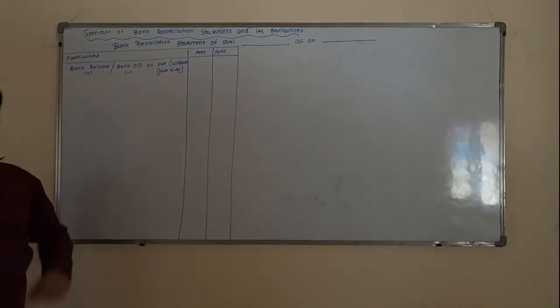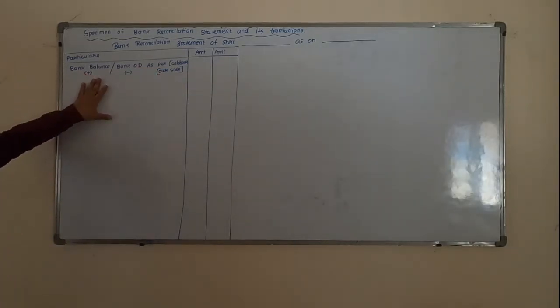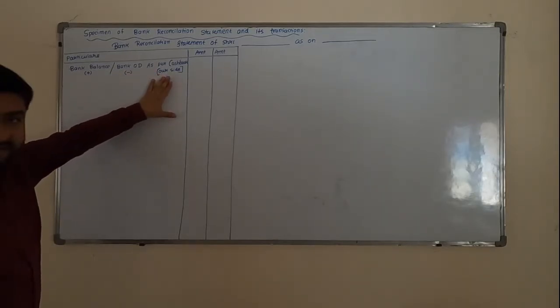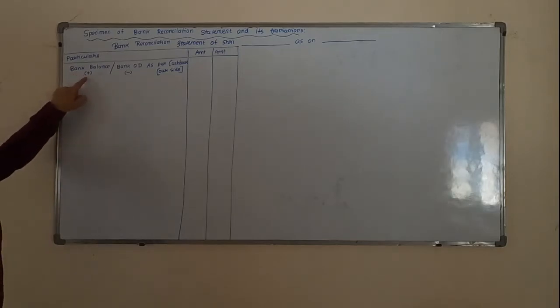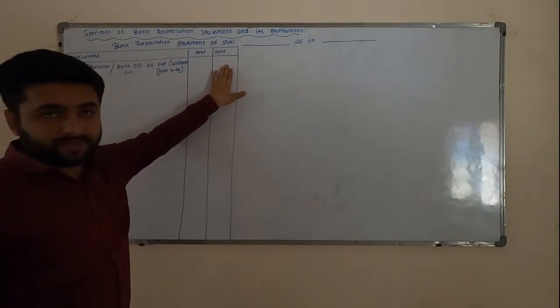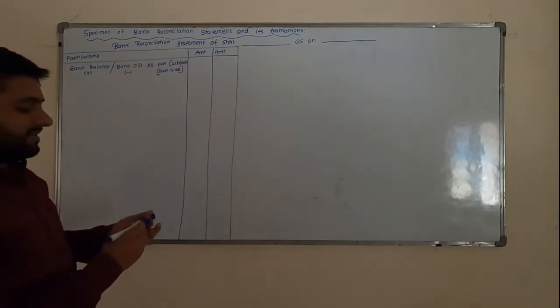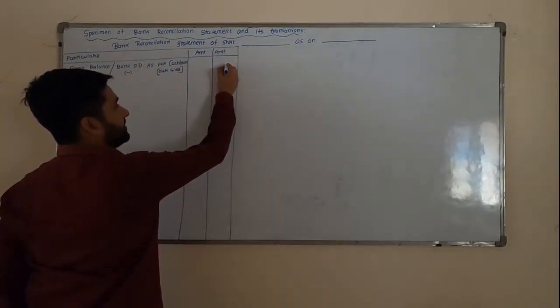We will start with the bank balance or bank overdraft as per cash book, and if it is bank balance we will show it in plus, if it is bank overdraft we will show it in minus in the second column itself, in this column.